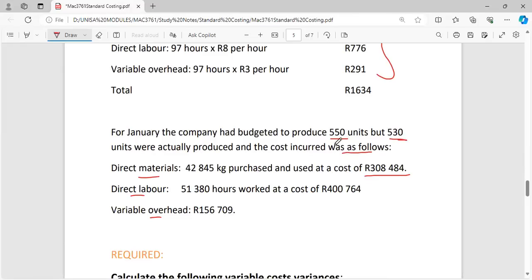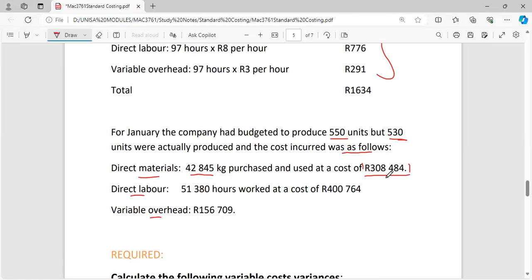How do we determine our actual price here? Anyone who has got an idea? I think we need to calculate the cost per unit by dividing the total cost by the number of kgs, so that we get the cost per kg.